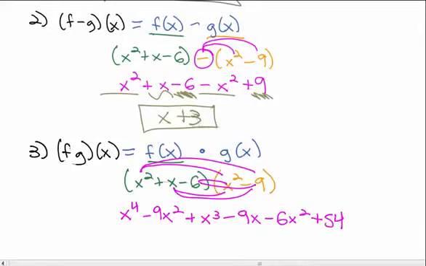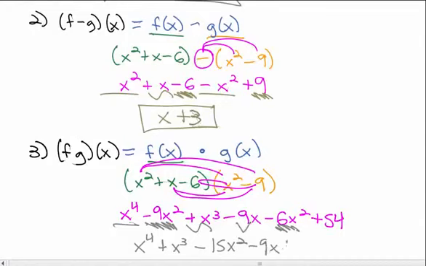And so to finish this out, we combine like terms. There's not a lot of them. We've got an x to the 4th, an x cubed, the like term, negative 9x squared minus 6x squared is going to be minus 15x squared, and finally a minus 9x, and a plus 54.